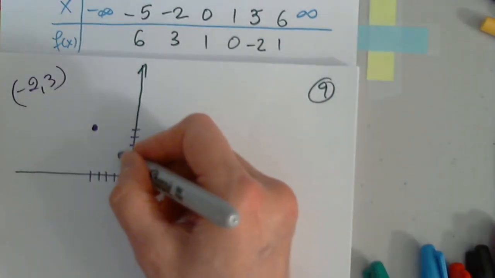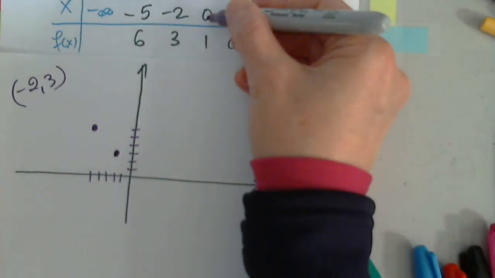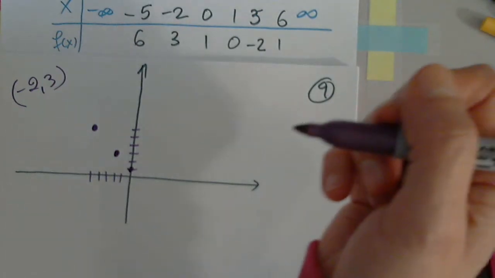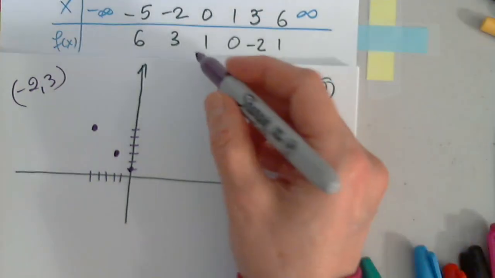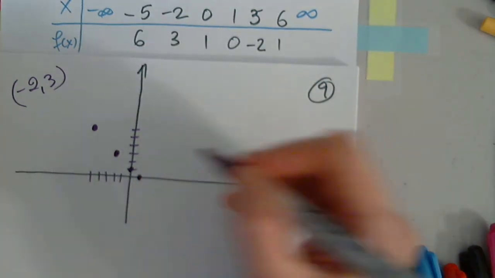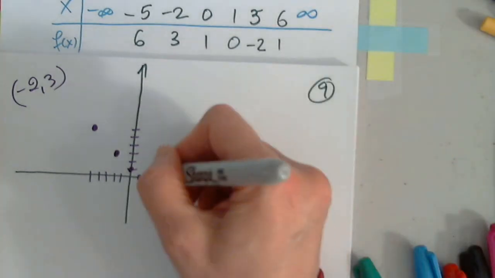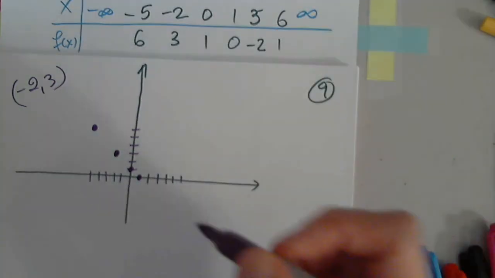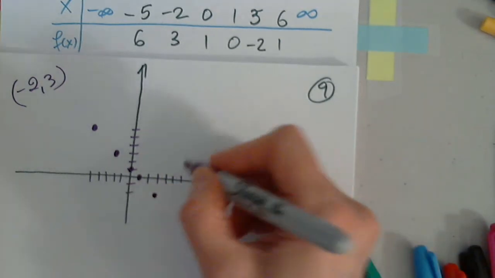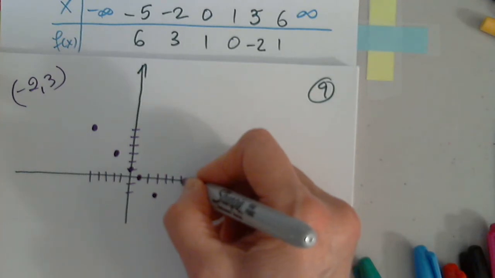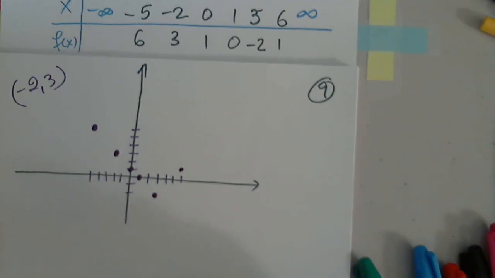So negative 2, comma 3 will be this point. And then 0 and 1. Any questions? 1 and 0, very good. Right here. Then 3, negative 2. And 6, comma 1, right here, and so on and so forth.